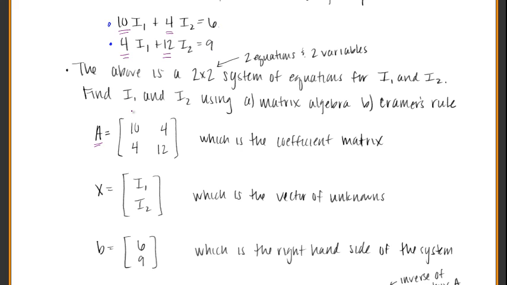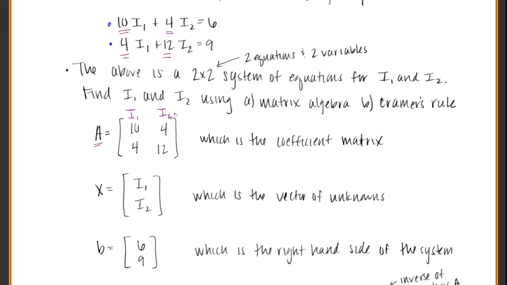Column 1 represents all those numbers that came off of the I1 variable. Column 2 represents all the numbers that came off the I2 variable. If there was a third variable, then there would be a third column, but each column represents the coefficients coming off of each variable. If the variables were out of order in the equation, you have to rearrange them, make sure they're in the correct order, and then you can make a coefficient matrix.